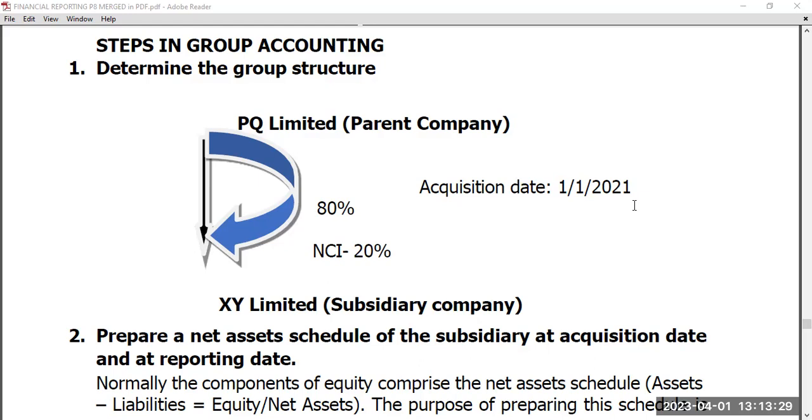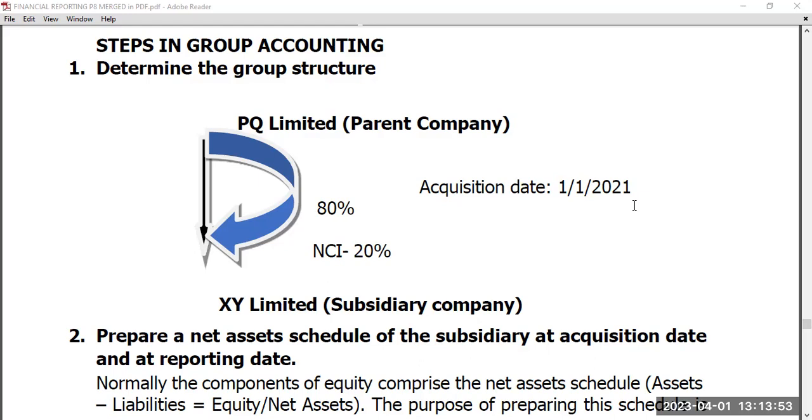We talked about what a parent company is and what a subsidiary company is, and the relationship between those two is what we call the group. It is the financials of the group that we need to prepare at the end of the year.